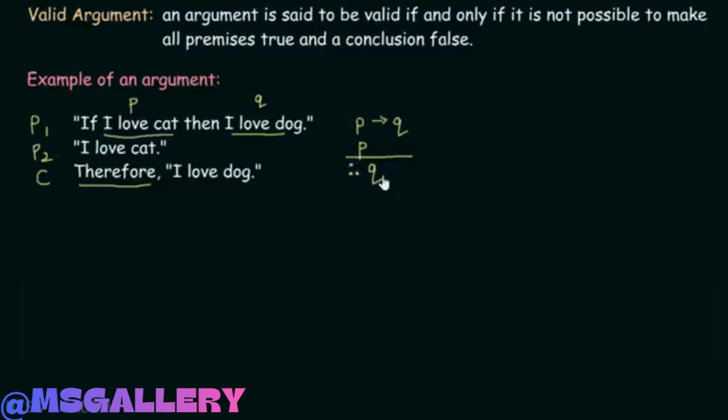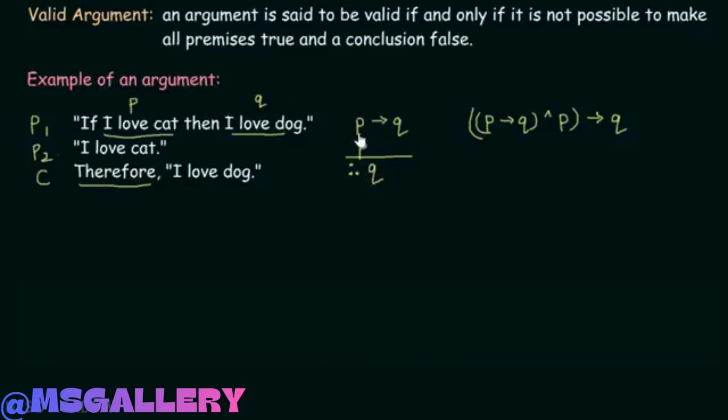We can also write this argument as P implies Q and P implies Q. These are the two premises and this is the conclusion. Premises implies conclusion, okay?